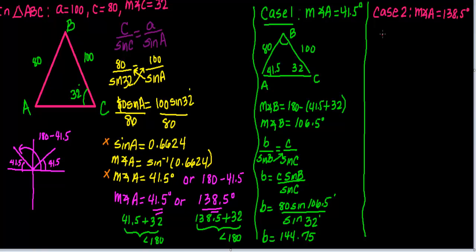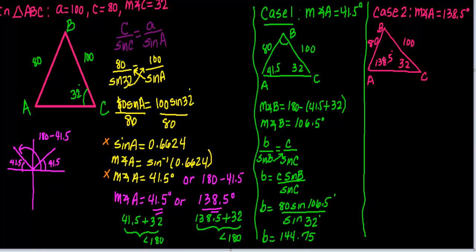Okay, so what we do is, again, we're going to draw the triangle ABC. This is 100, this is 80, and this is 32. And for angle A, we have 138.5. Okay, little bit crowded here.